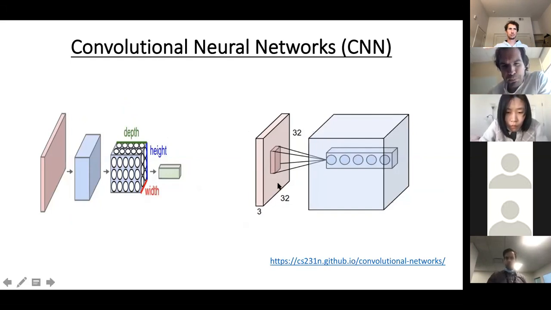Then you have these filters that you sweep through the image, and that's what you're trying to find. I'm going to illustrate this in the next slide, but I want to give you the idea of what they're trying to do here. In images, locality is quite important. A pixel next to another pixel has information.